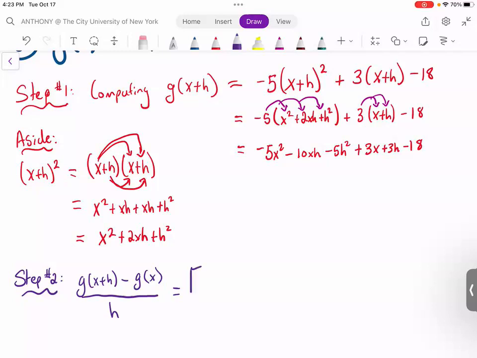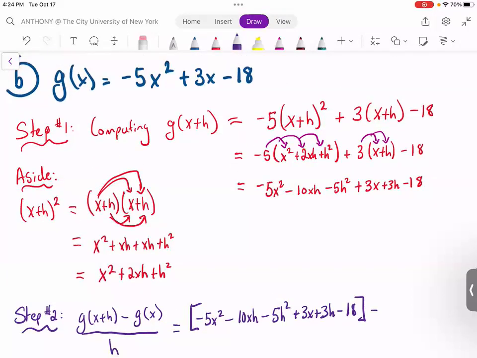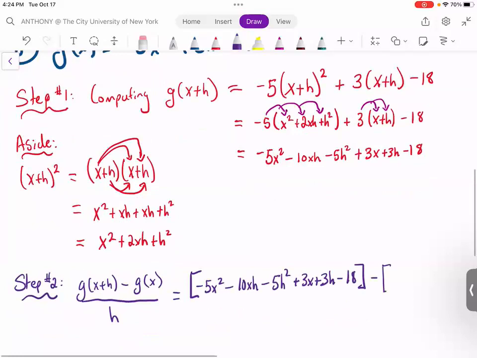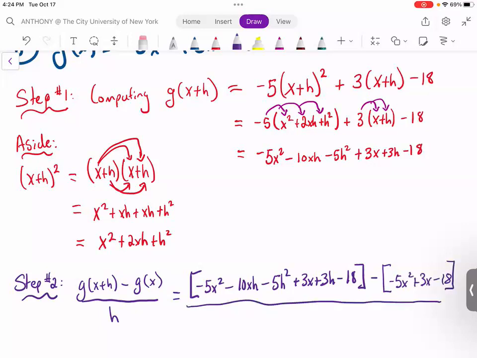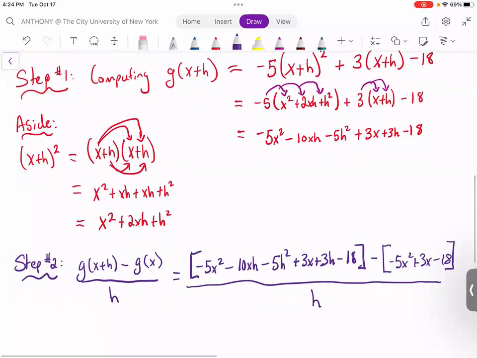So I'm going to put a bracket around the g of x plus h terms, which are precisely negative 5x squared minus 10xh minus 5h squared plus 3x plus 3h minus 18, minus the original function. What's my original function? My negative 5x squared plus 3x minus 18. And all of this is being divided by an h. All right, so this is now helpful when it's inside of the brackets because whatever terms they have in common, because the minus sign is in the middle, you just cancel them out.